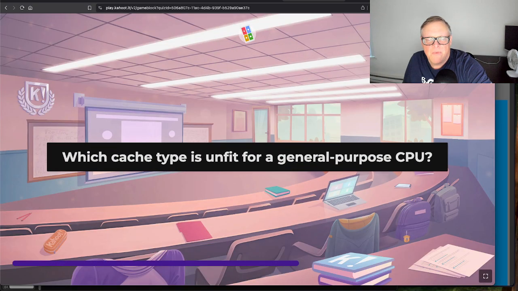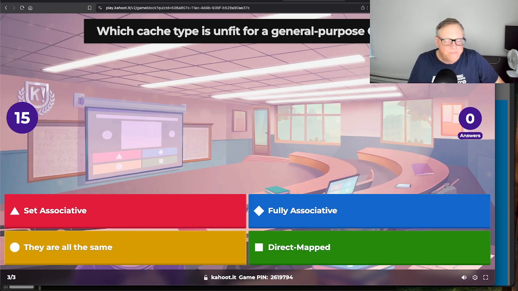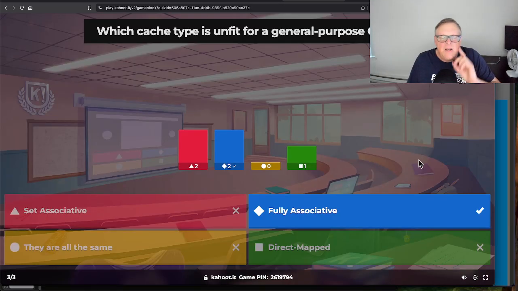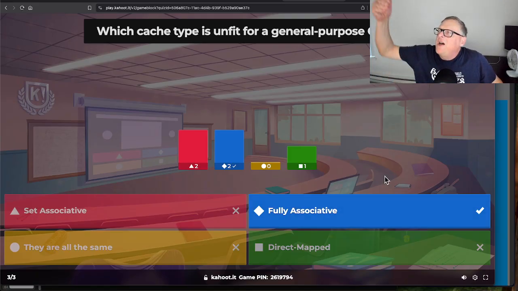So what cache type is unfit for a general purpose CPU? All right, in the book, they said the fully associative one has this property where you'd have to hunt through all the lines to find the data. That would be wasting too much time for a general purpose CPU.